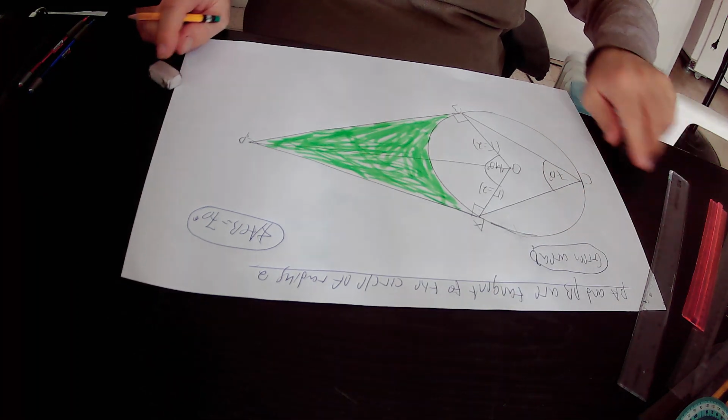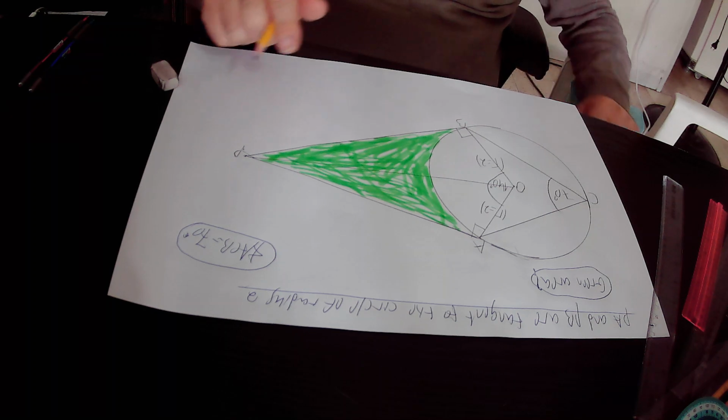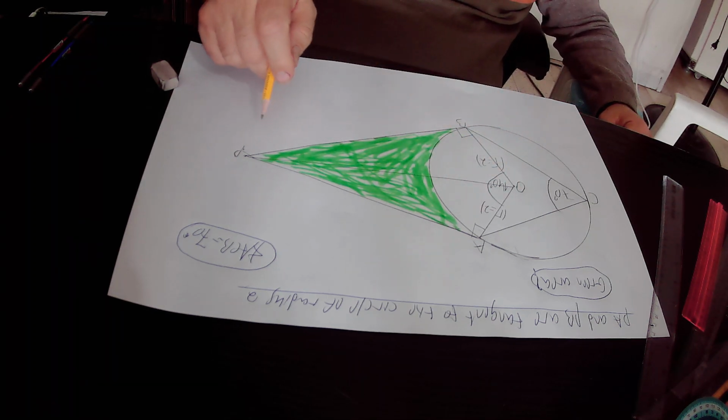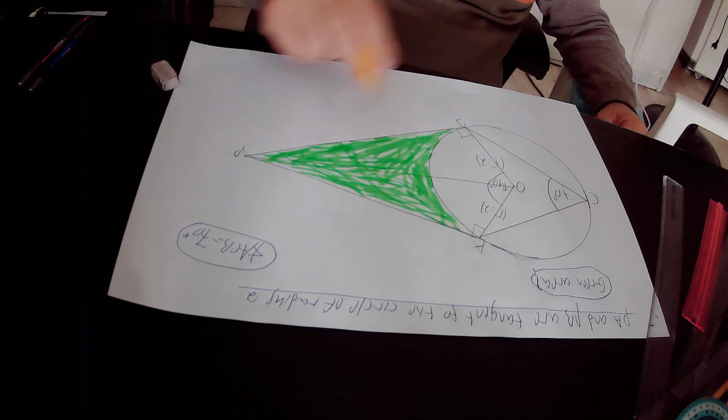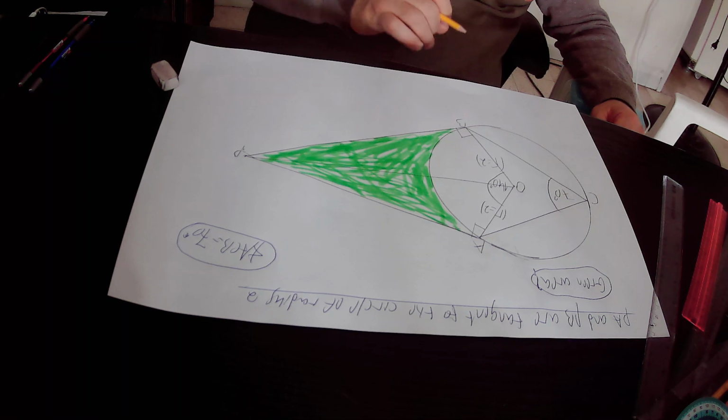By joining points P and O, we created here 2 right triangles, the right upper triangle, triangle AOP, and the right lower triangle, triangle POB. In the next step, we prove that those 2 right triangles can go into each other.